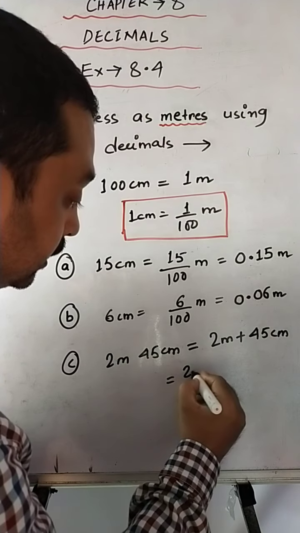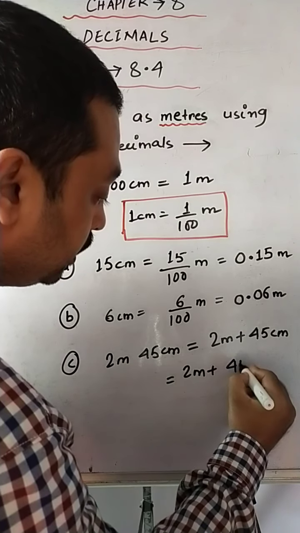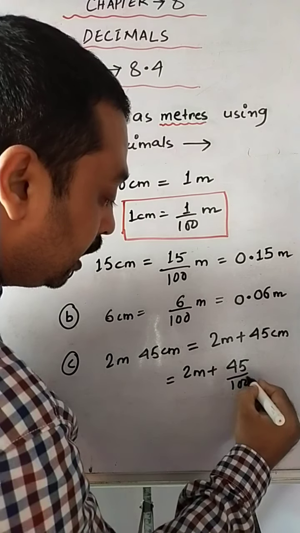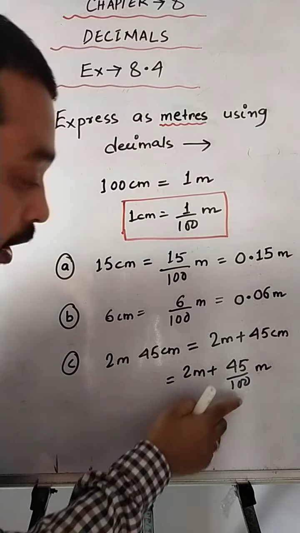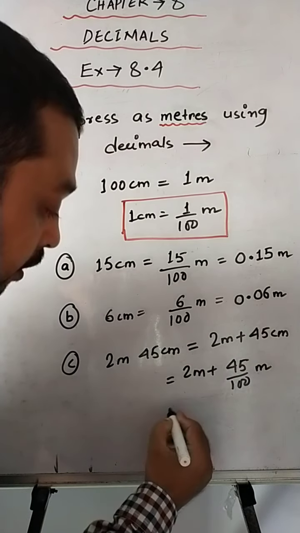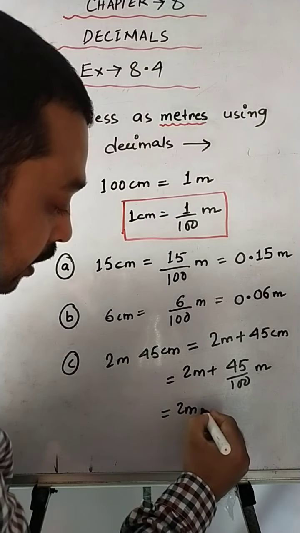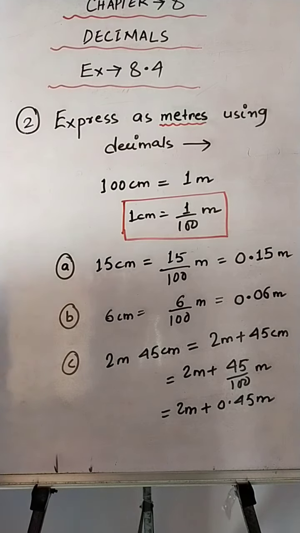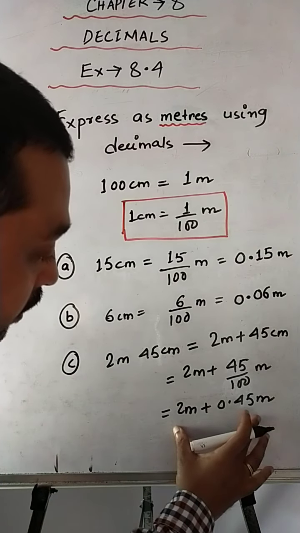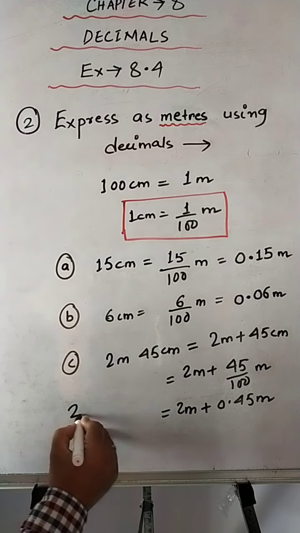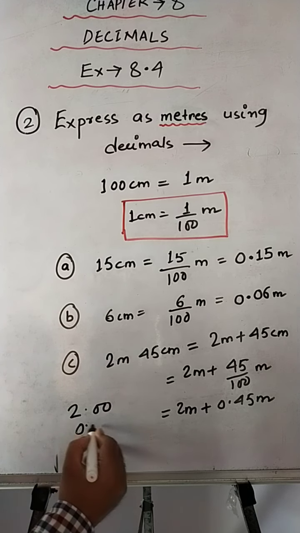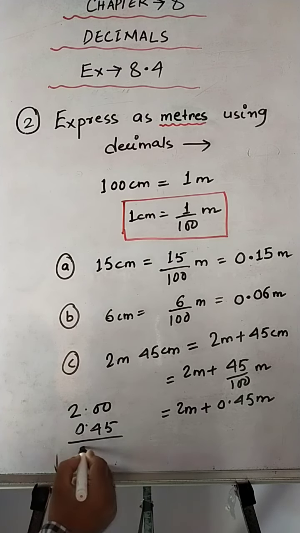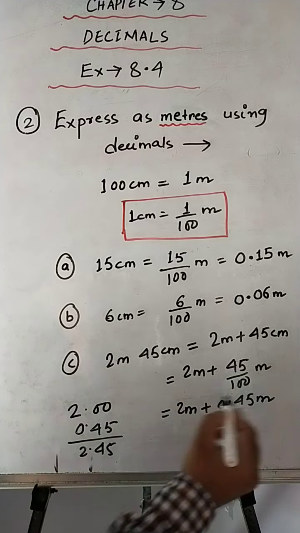How to do that? We have to divide 45 by 100, students. Now convert this into the decimal form. 2 meter plus 0.45 meter, isn't it? Now add 2.00 plus 0.45, that means the answer would be 2.45 meter.